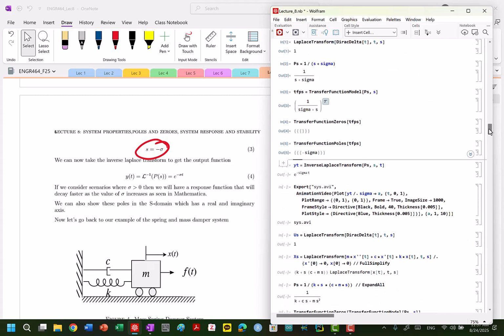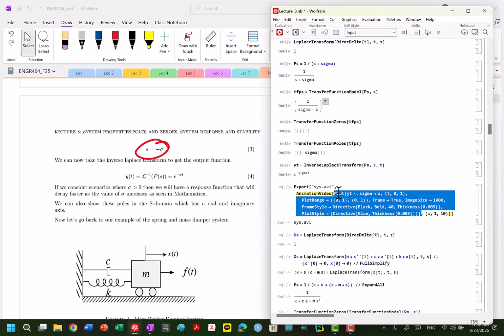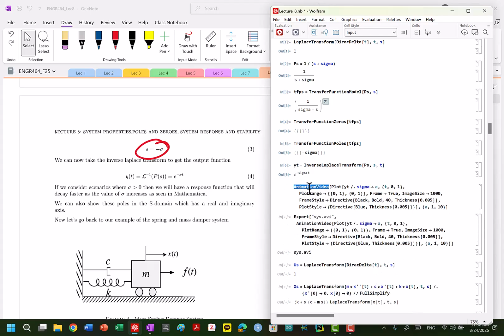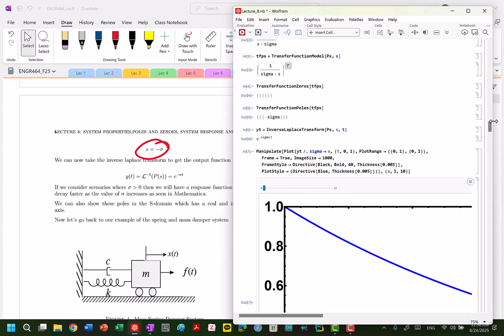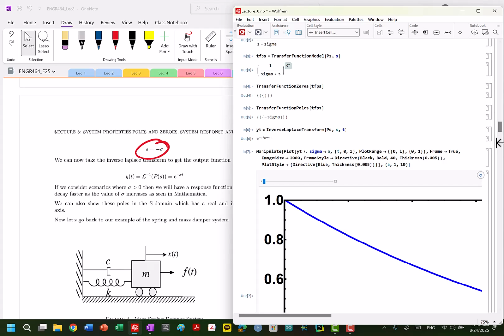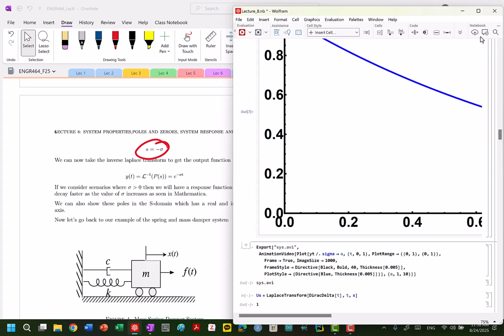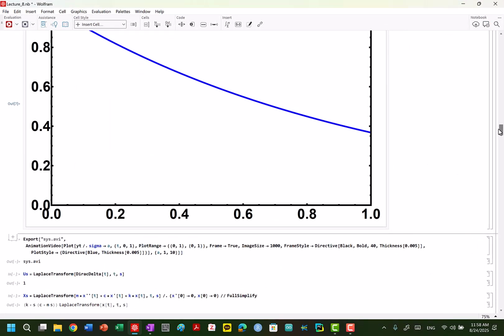Now, if I wanted to see the time response, I can do the inverse Laplace transform, and I can have that. Instead of this, I can do, for example, Manipulate, and we can see how the system responds as we increase this.